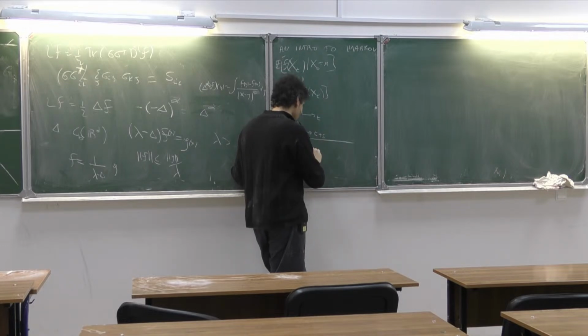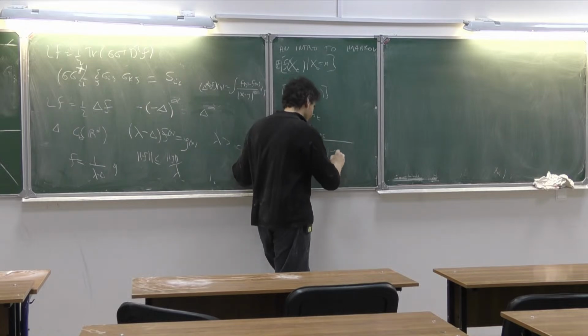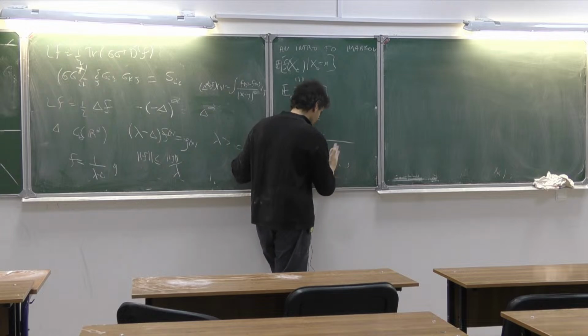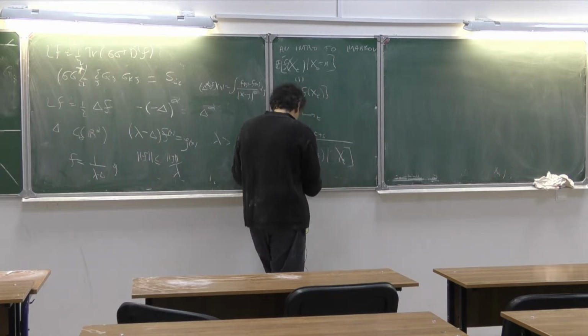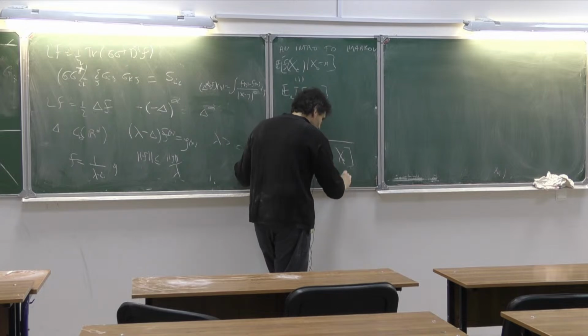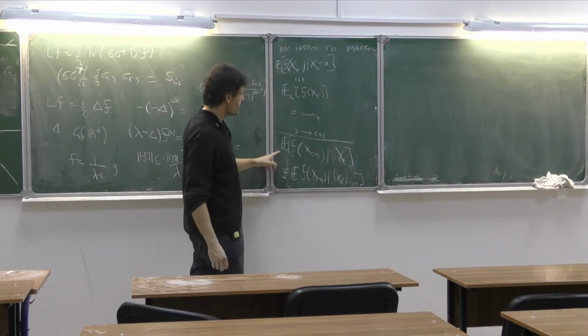So if I take the expected value of f of X at t plus s given X_t, on the one hand I want this to be the same thing as f of X at t plus s, knowing X at all times before t. So that's the Markov property.